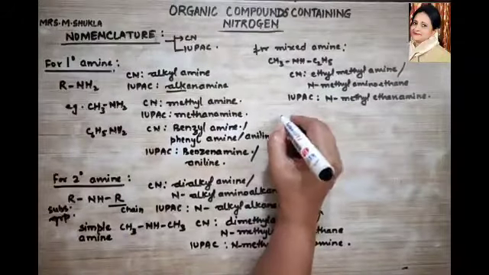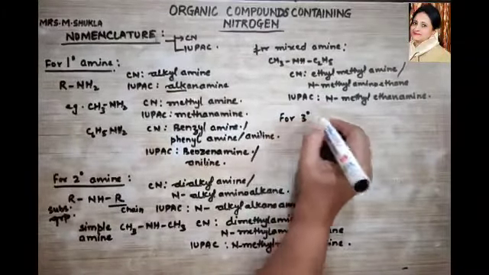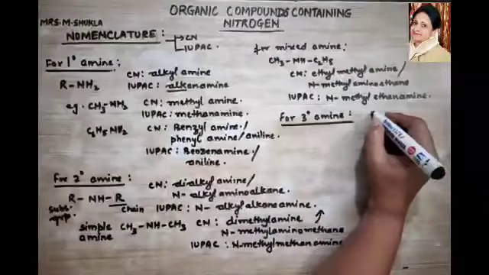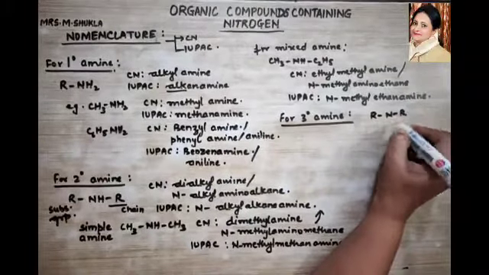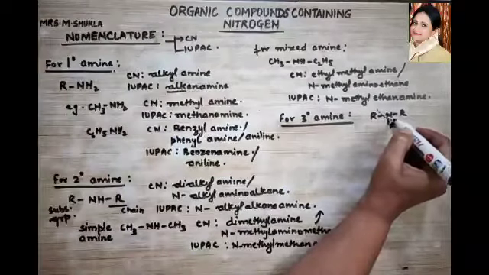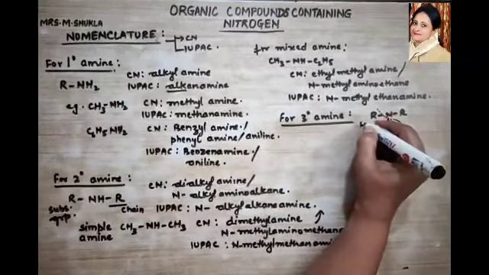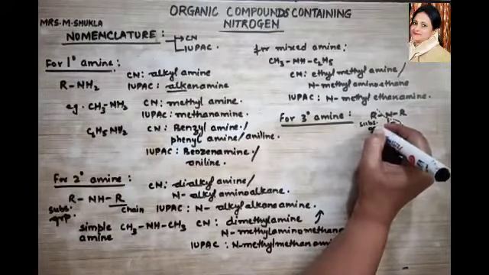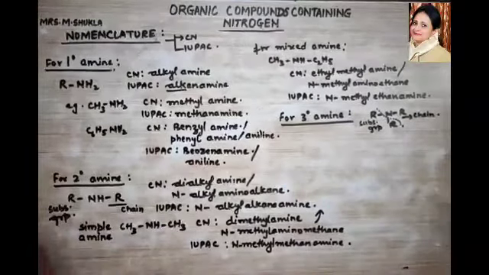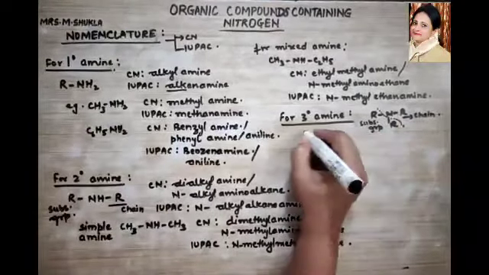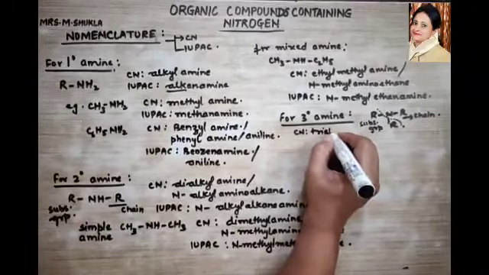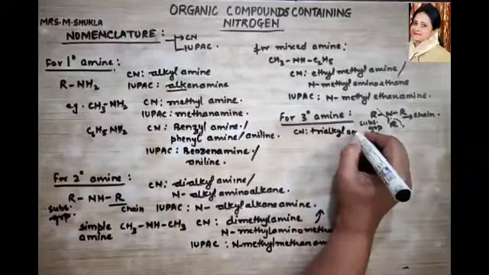Now let's talk about tertiary amine. What is your general formula? This is your general formula. Correct? Over here, these two are your substituted groups, and here you attach the chain. So your common name will be trialkyl amine.